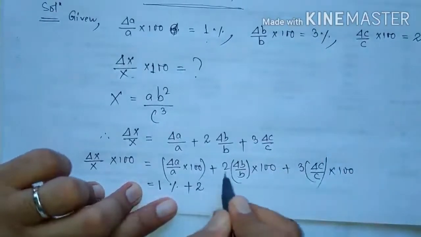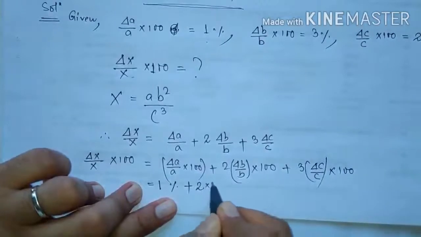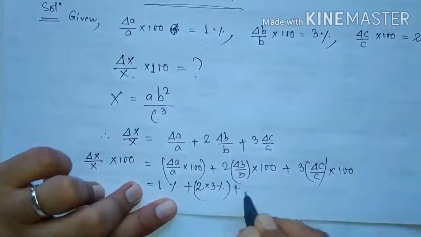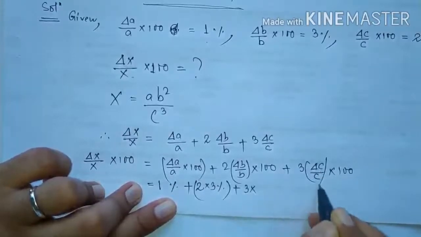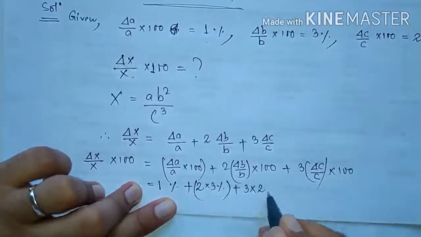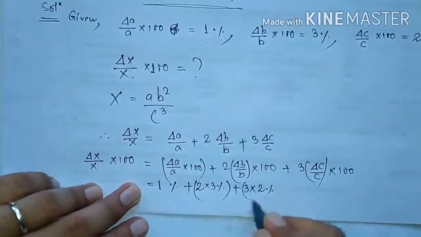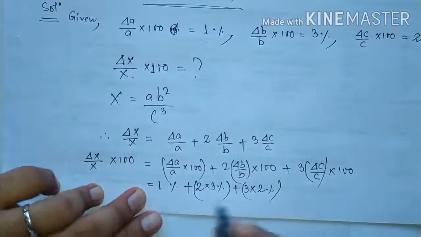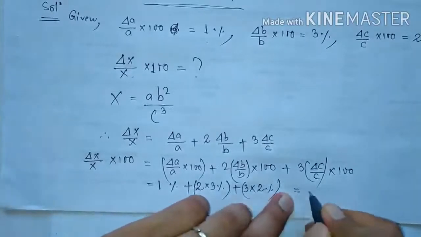So it is this 2 multiplied by 3%, plus this 3 multiplied by delta C by C into 100, which is again 2%. So what do I get? 3 times 2 is 6, 3 times 2 is 6, so 6 plus 6 is 12, plus 1, that is 13.